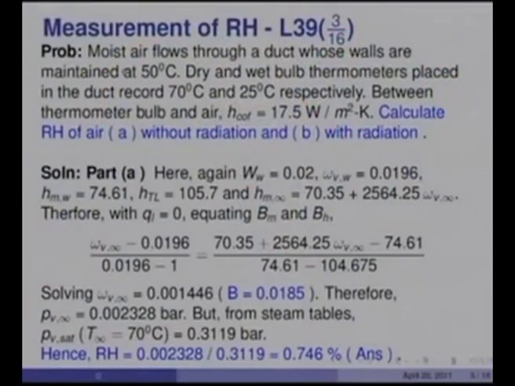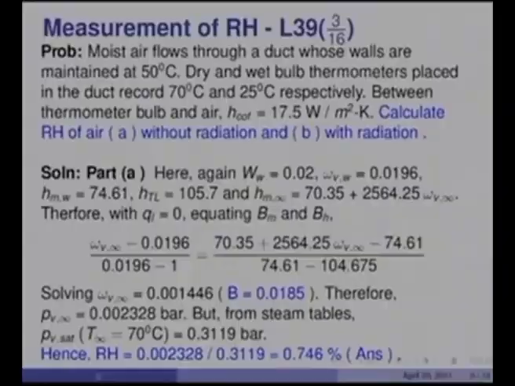It is given like this: moist air flows through a duct whose walls are maintained at 50 degrees centigrade, and the dry and wet bulb thermometers located in the duct show 70 degrees centigrade and 25 degrees centigrade respectively.